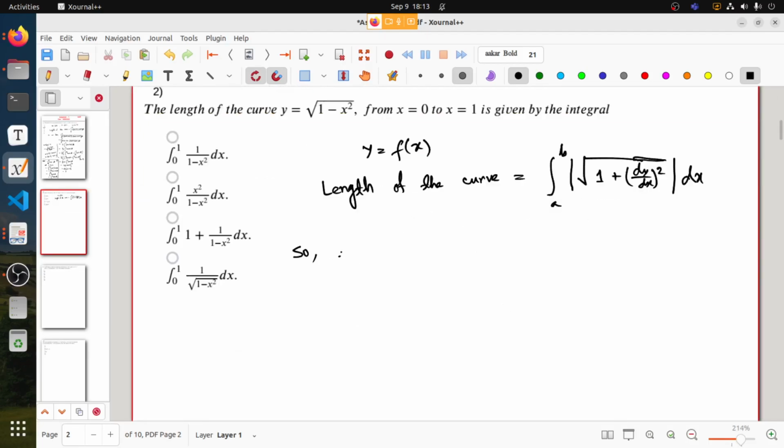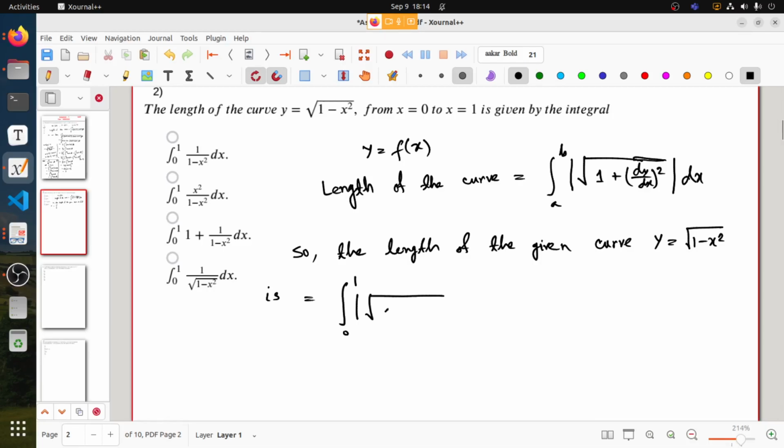So the length of the given curve y equals square root of 1 minus x square, from 0 to 1, the limit will be from 0 to 1, what happens, the modulus of the square root of 1 plus dy by dx whole squared, dx.